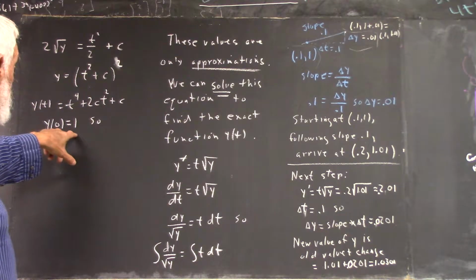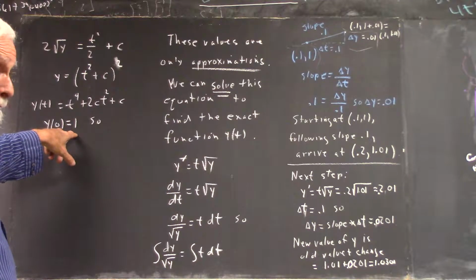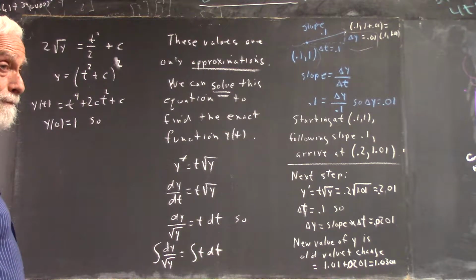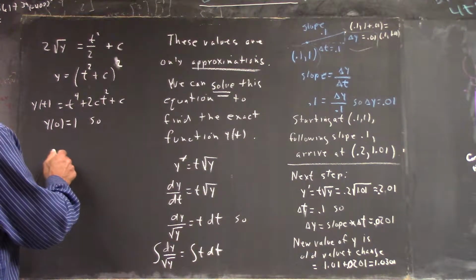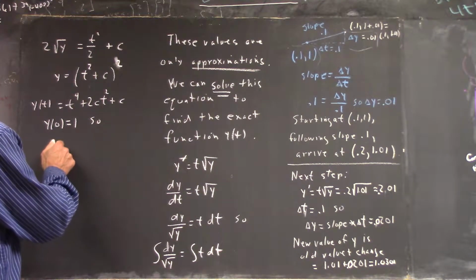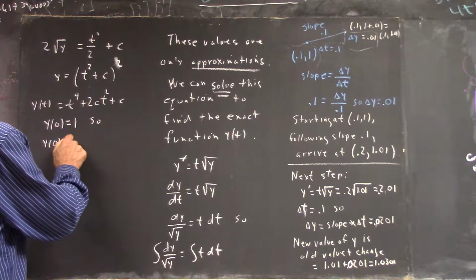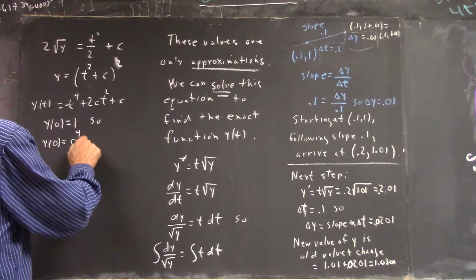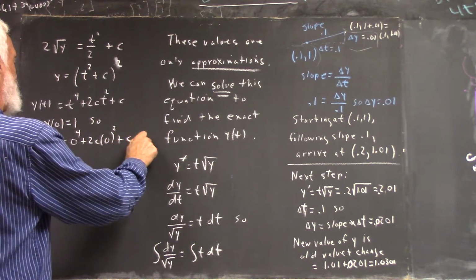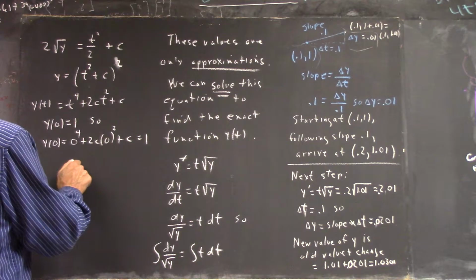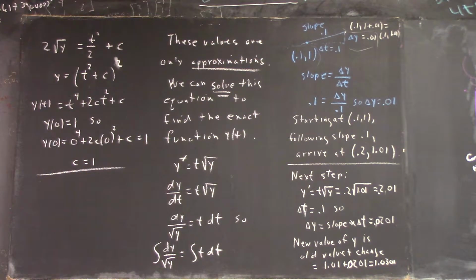So now that y of 0 equals 1, what does this tell us about c? Well, if y of 0 equals 1, c equals 1, right?